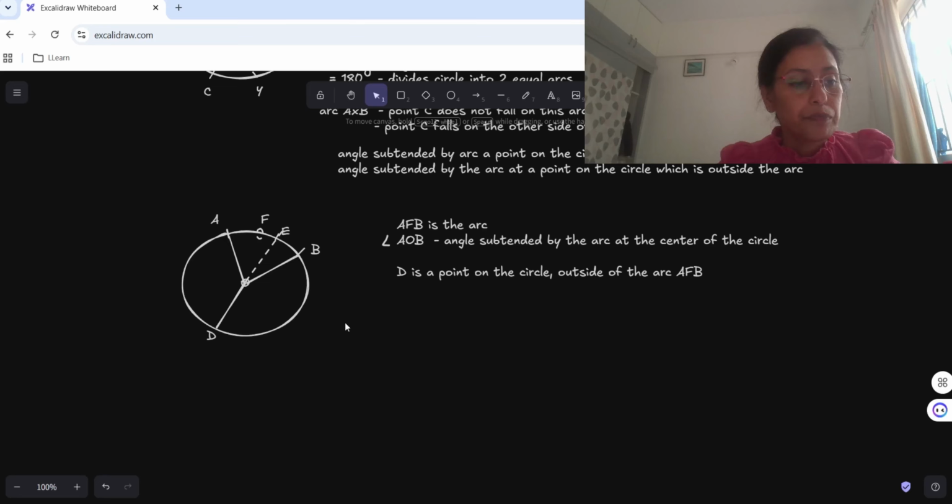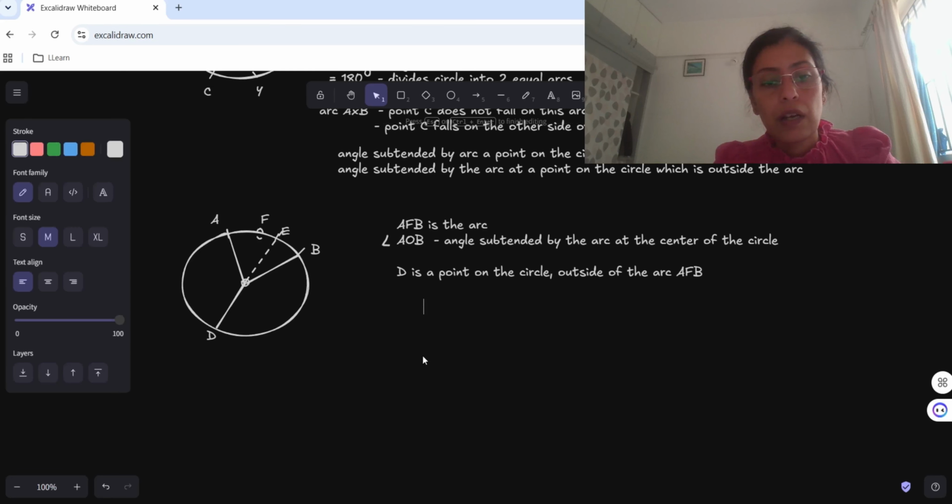Now what I need to prove here is: D is a point on the circle outside of the arc AFB.